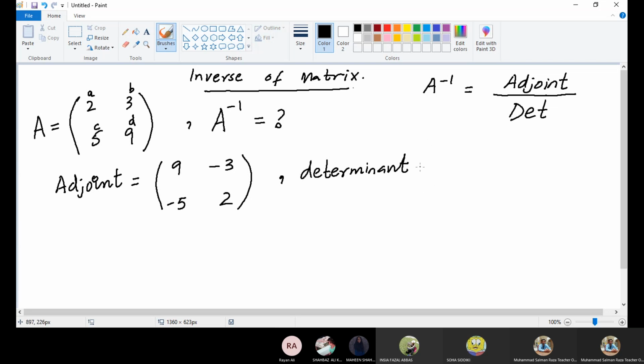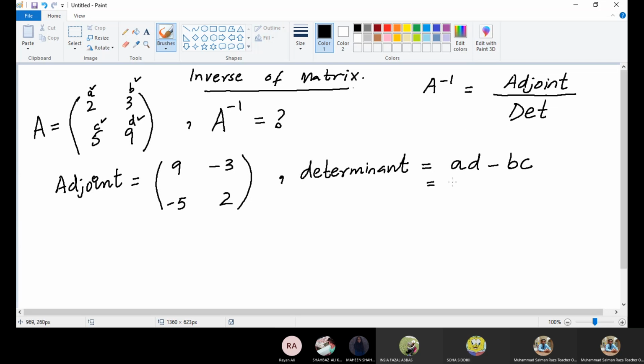And now how to find it? The formula to find the determinant is AD minus BC. This is how we find the determinant of any matrix. So AD minus BC, and now we are going to put in the values.